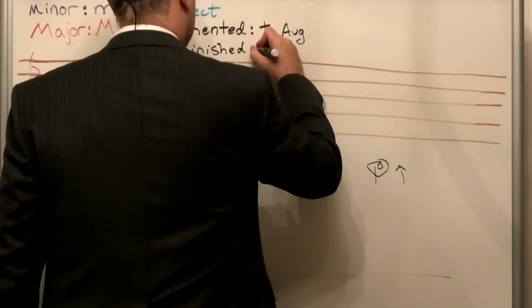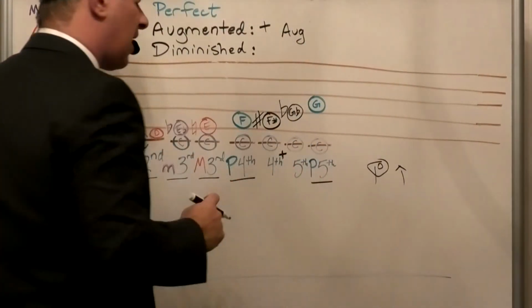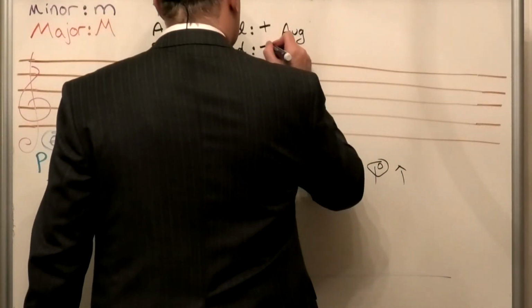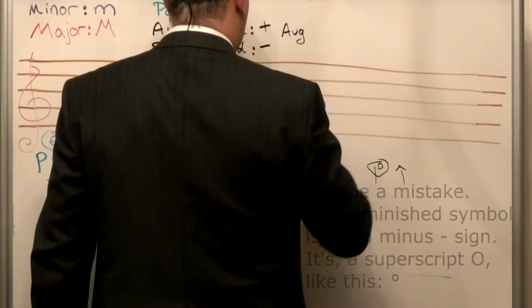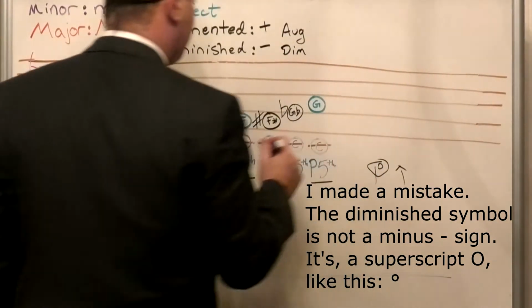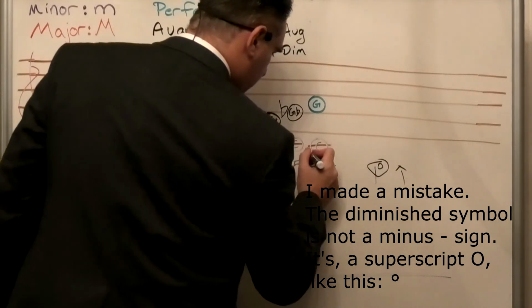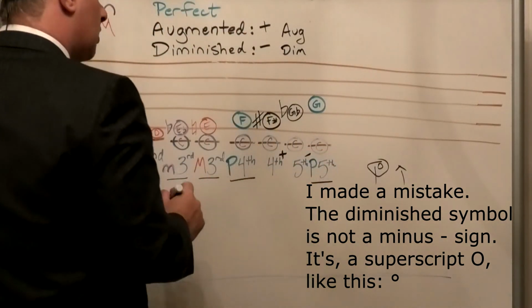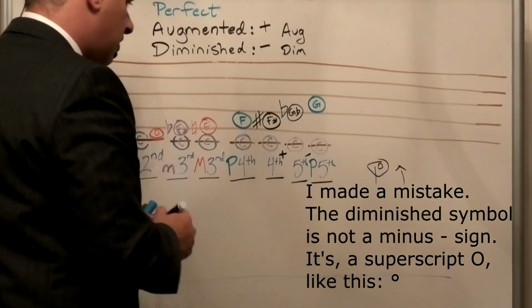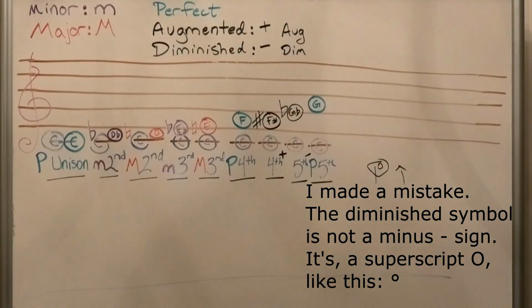But if somebody comes in and says, hey Johnny, you're no good, they insult me, I feel diminished. So that's going to be lowered by 1. And we can do a minus, and we can do a DIM. Not the minus sign, I'm sorry, it's the degree symbol. So we have a perfect unison.